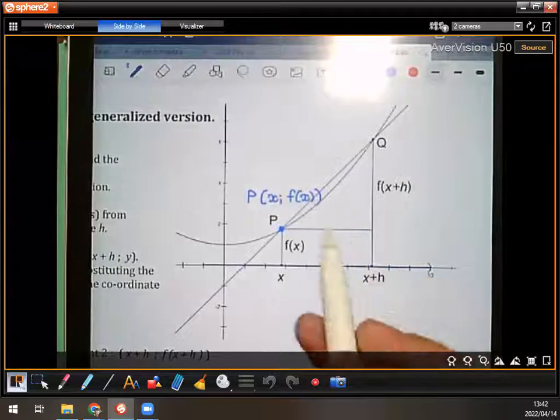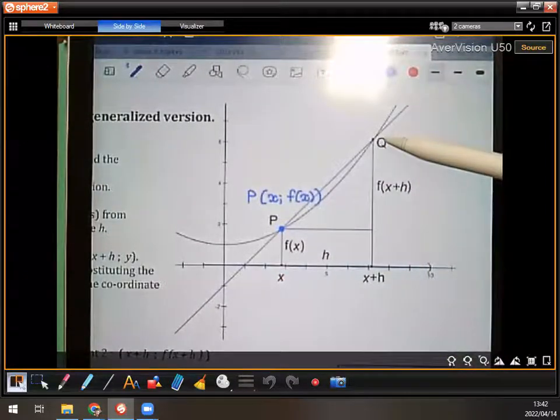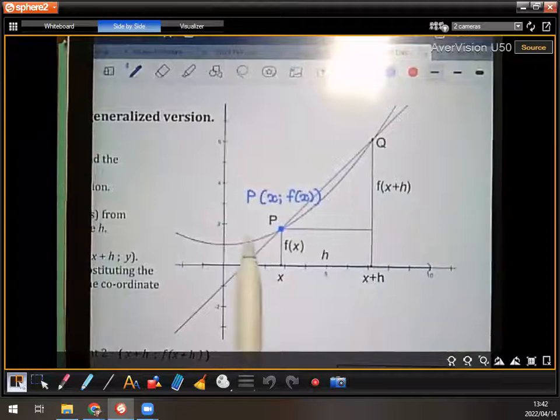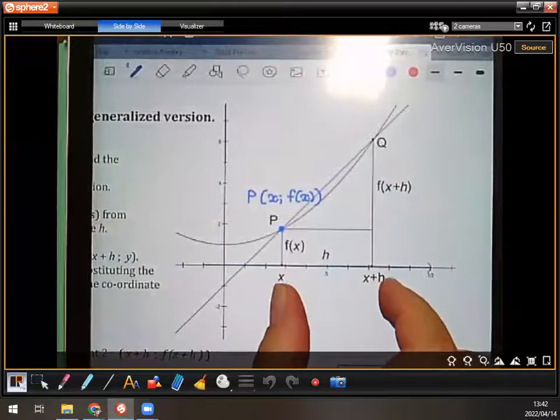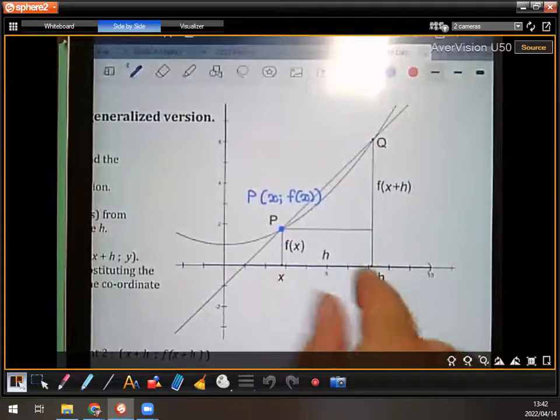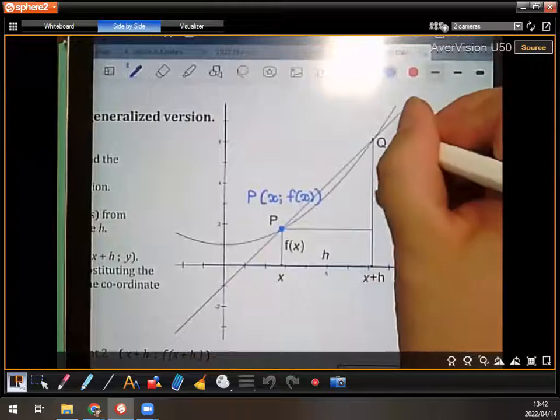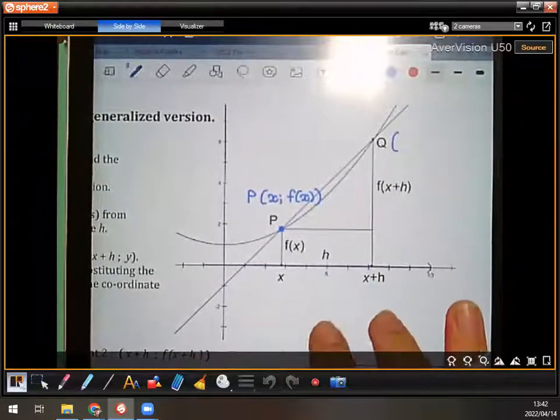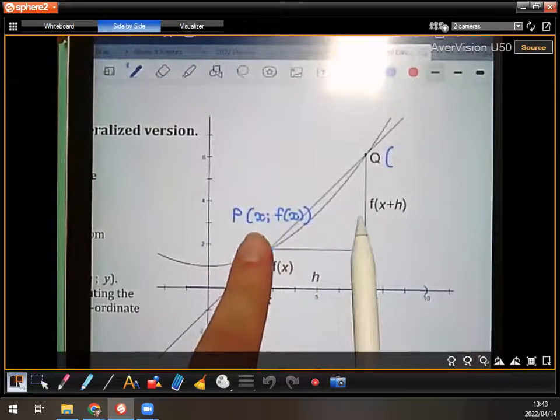X and f of x. Now they say we're choosing a second point. All right, the second point is Q. The distance between the first point and the second point is h. You see where they've indicated that there. From this value to that value, that is the distance. So guys, if P is the point x, f of x, what is Q going to be? Let's think about that quickly. If P has an x value of x, now I'm adding h units to it.